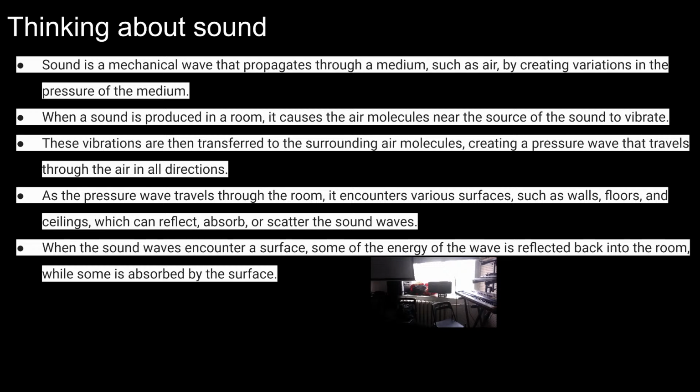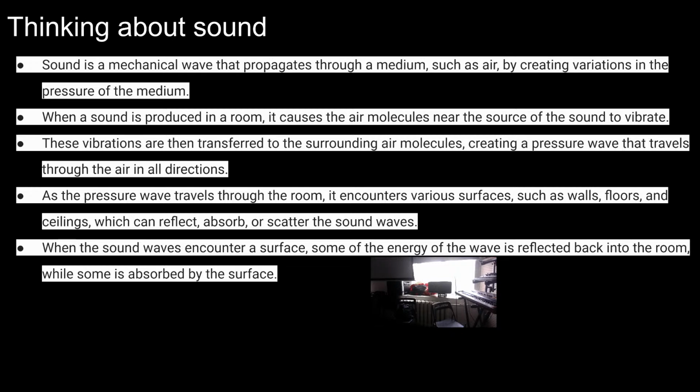So, if we think about sound, it's a mechanical wave that propagates through a medium. When sound is produced in a room, it causes the air molecules near the source of the sound to vibrate. These vibrations are transferred to the surrounding air molecules, and it creates a pressure wave that travels through the air.